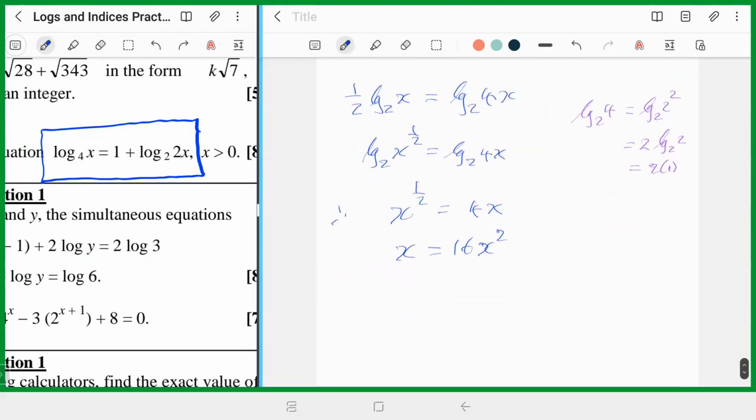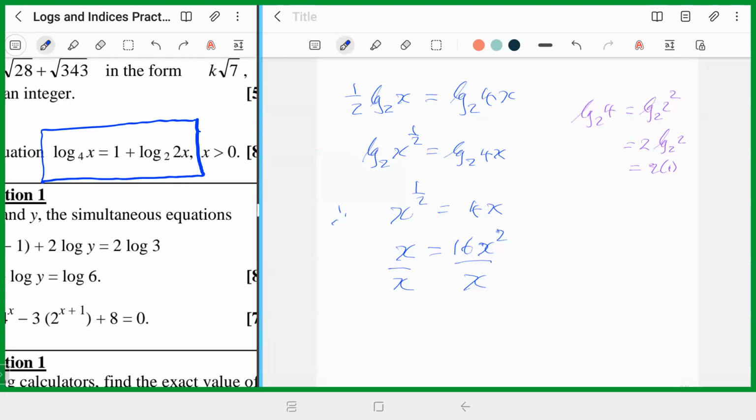Now watch this. You can divide by x this time. Normally when you're solving an equation, you do not cancel out what you are trying to find. You don't divide it out. For example, you and I would say, divide this side by x and divide that side by x. You don't do that, because generally speaking, you don't know if x is 0, and you cannot divide by 0.